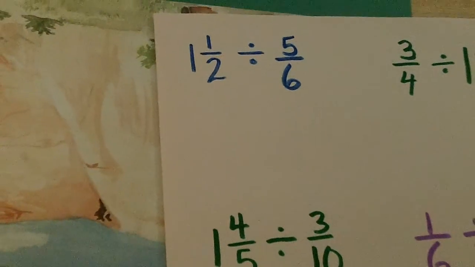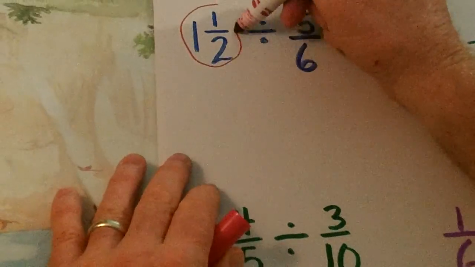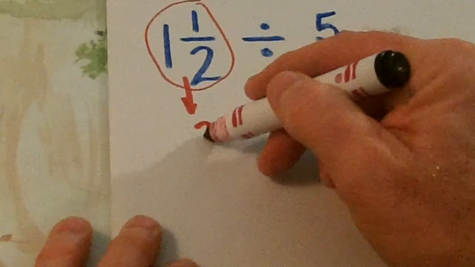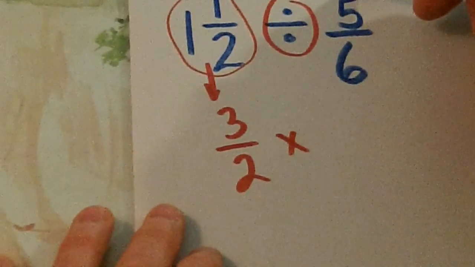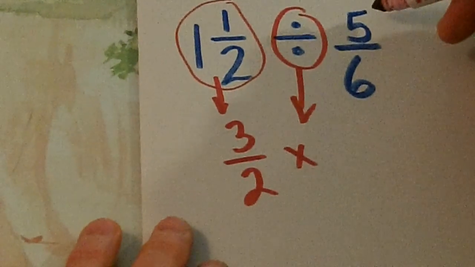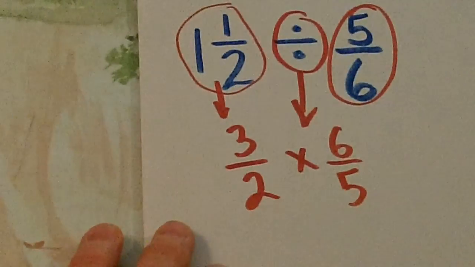Okay? All right, now let's do a few examples where we have some mixed numbers. Whenever we have mixed numbers, we convert those to improper fractions right below. Okay? And then we make the opposite sign, times, and then we flip this, 6 over 5.